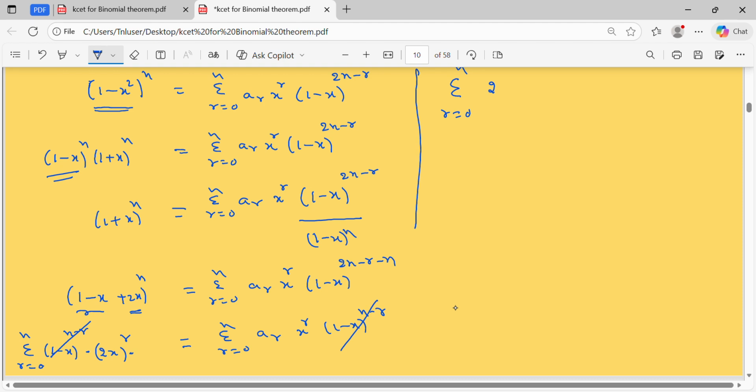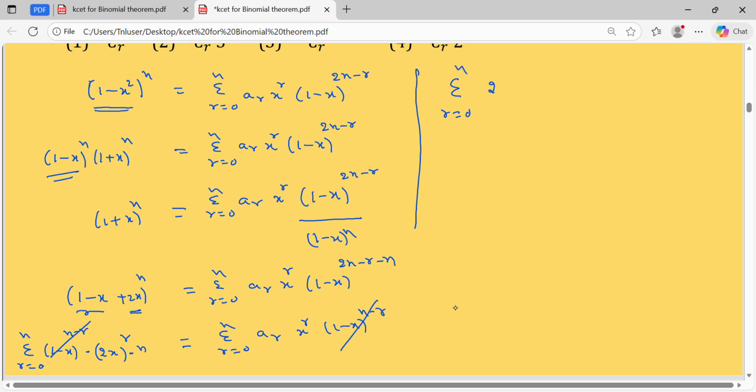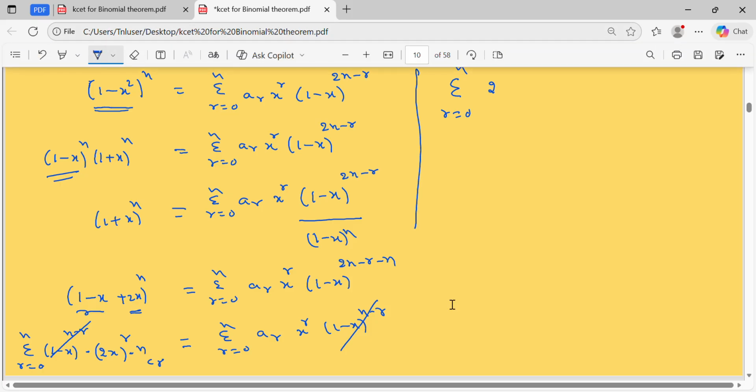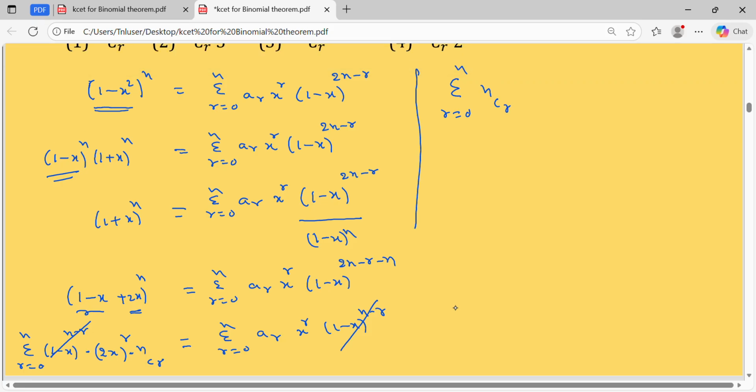See, here there is also nCr, into nCr 2 power r x power r, that is equal to sigma r equal to 0 to n ar x power r.